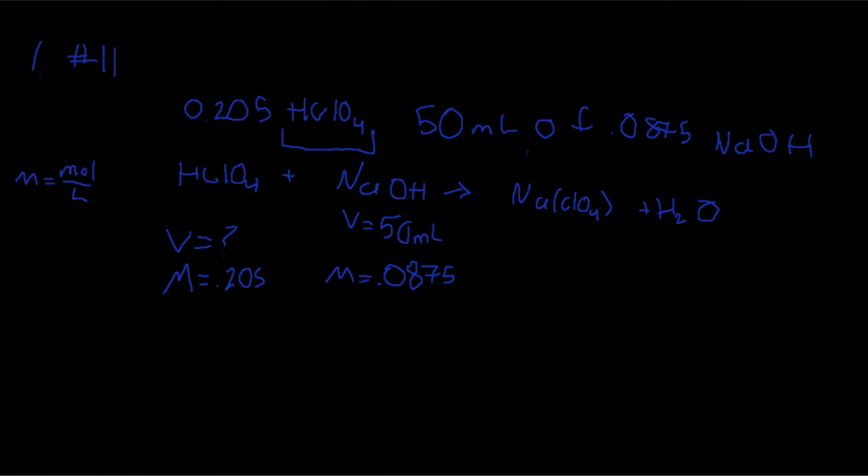Now, where do we go from here? First, we should solve for the number of moles of this. Since we know this is a 1-to-1, these number of moles will be the same. And we have everything right here necessary to solve for number of moles.